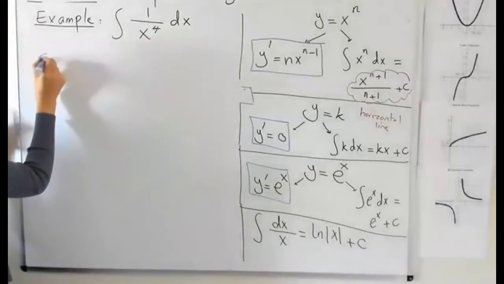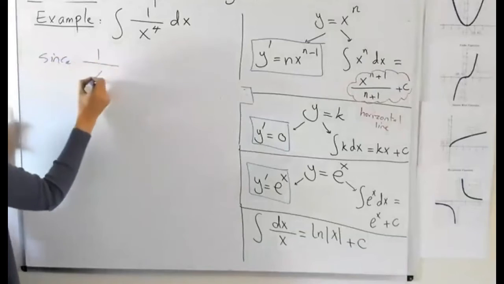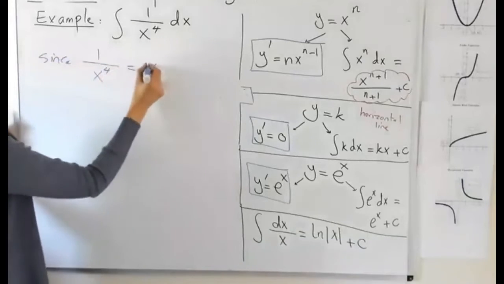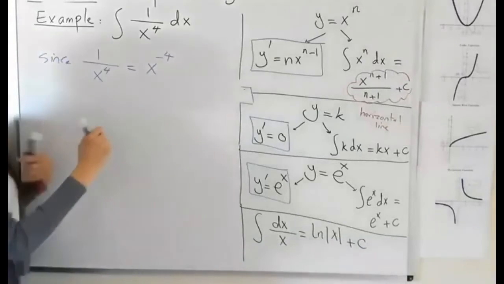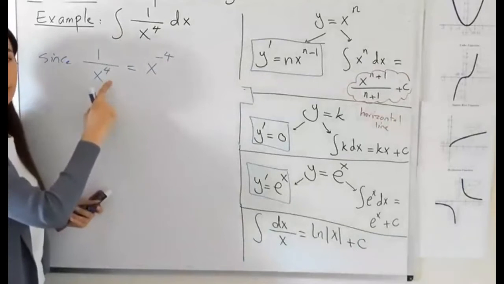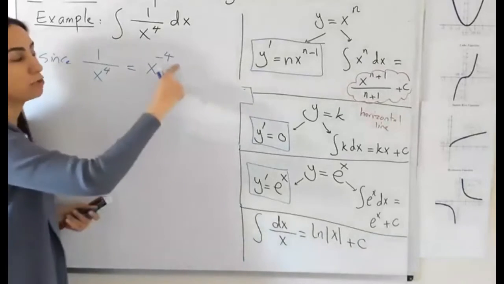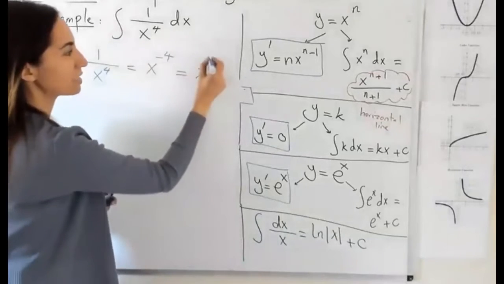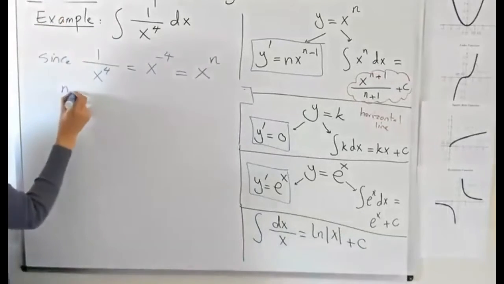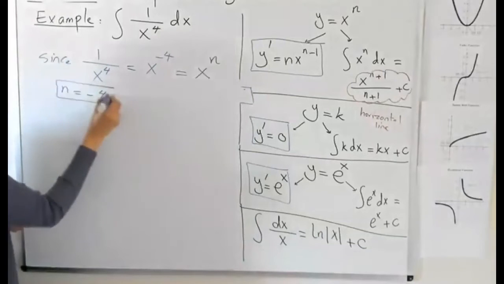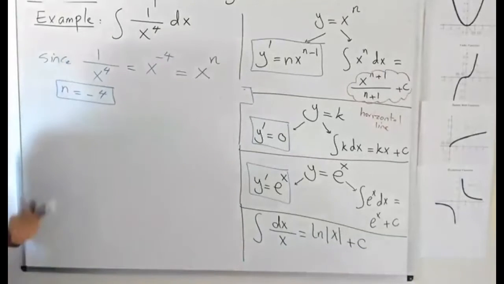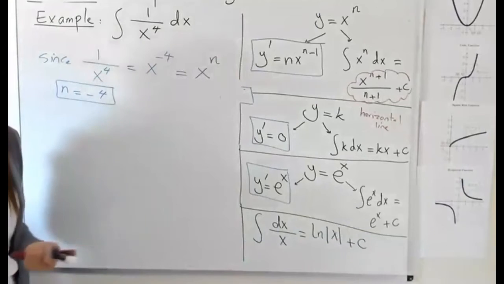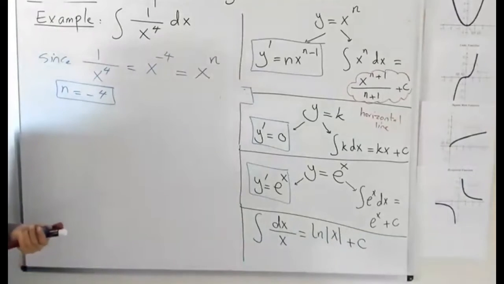Since 1 over x to the fourth is x raised to negative 4, on the denominator I have a positive exponent, on the numerator I have a negative exponent. Now I can see x raised to n is a negative exponent. That's absolutely fine. You can have a positive exponent, you can have a negative exponent, that's okay.